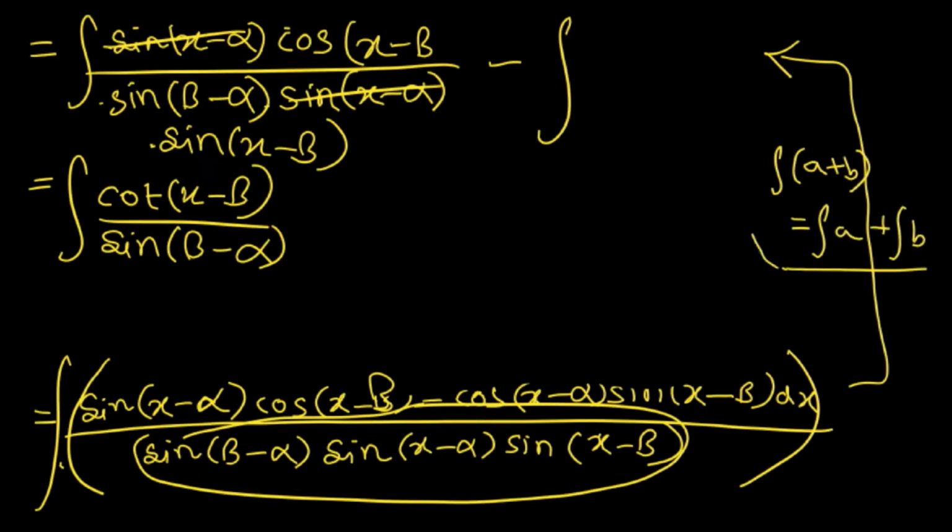You must have understood this concept because we have done several sums like this before. If you have not watched my previous videos, please go and watch integration lecture 1 and integration lecture 2.